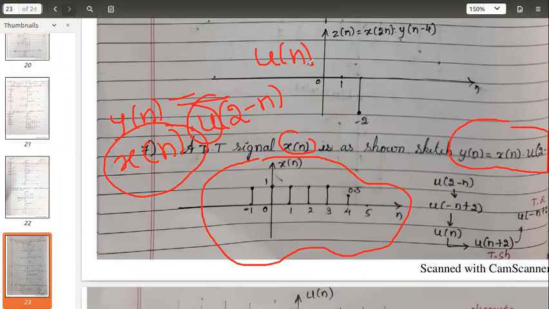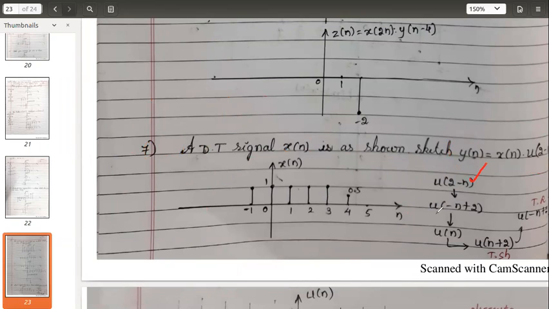It's a standard elementary signal, so you should know how to draw u of n. How many operations are involved here? Let's see. I'll show you. u of 2 minus n. I have just rearranged it. I have written minus n first and then plus 2 next.